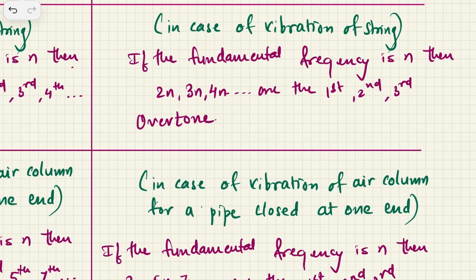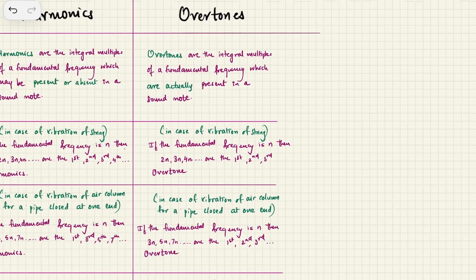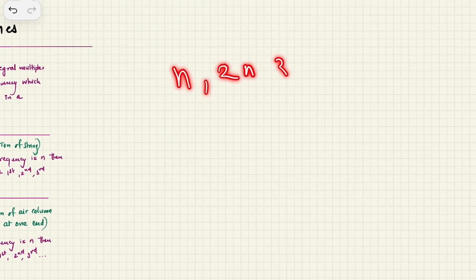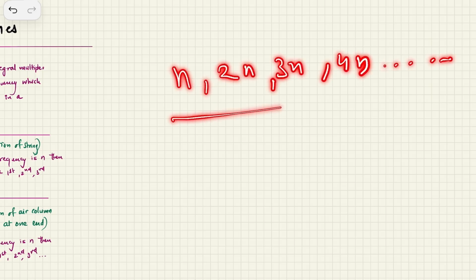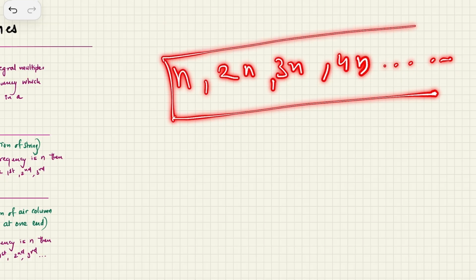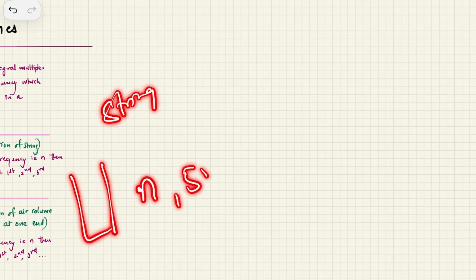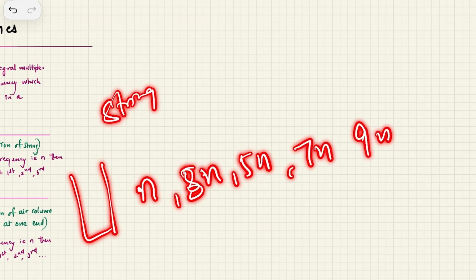Now you'll ask, how do I know that in a string I'll get all vibrations like n, 2n, 3n, 4n? For this you just have to trust me and wait some time till I post another video on how we get these frequencies for a string. For a pipe closed at one end, you get frequencies of n, 3n, 5n, 7n, 9n, and so on.